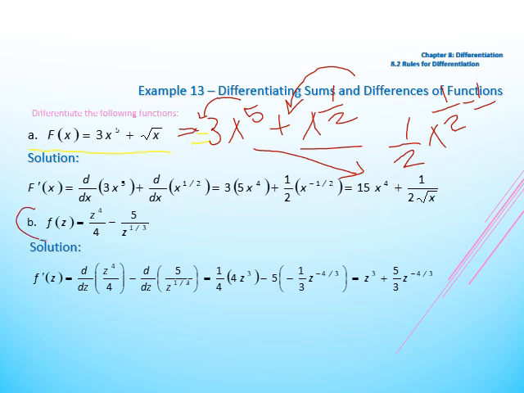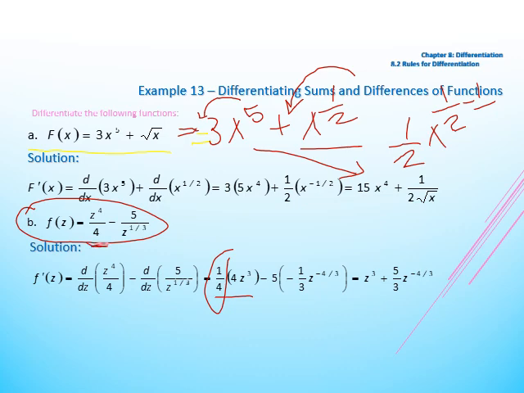Let's move to another one, which is p: z to the power 4 over 4 minus 5 times z to the power 1/3. So here 1 over 4 is the constant outside the differentiation, multiplied by the derivative, which is 4 times z to the power 3. This is for the first part.